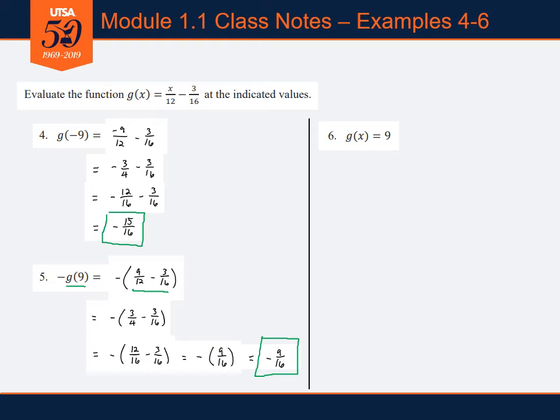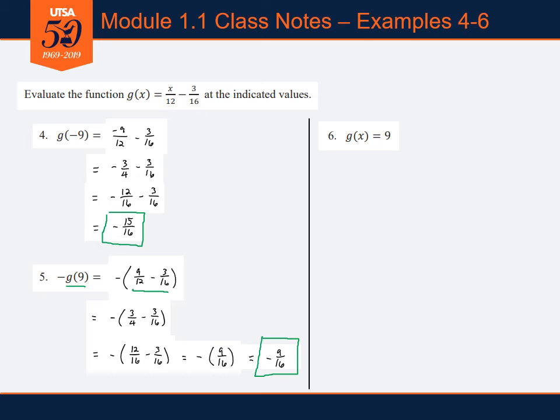This time, we are not given an x value, but we're told what the function is equal to. The whole function is equal to 9. The difference here, and it's an important one to note, is that we are given the output. It's like we're given the answer, and we have to go back and find the input.